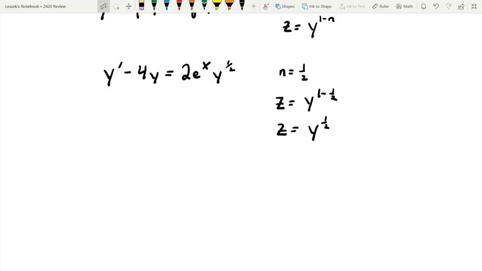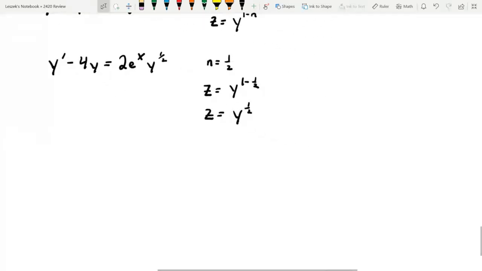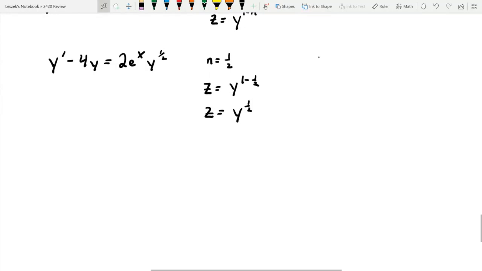All right. So the first method that people use to complete this change of variable is a direct substitution. That just means you want to solve for y first. So we see that if z is equal to the square root of y, then y would be equal to z squared.